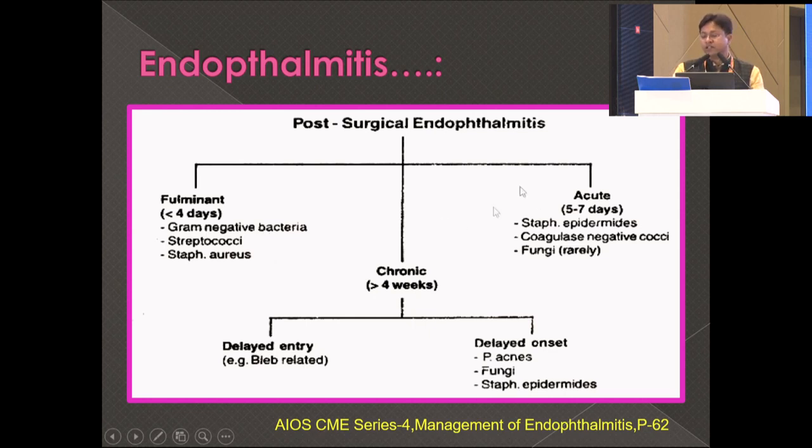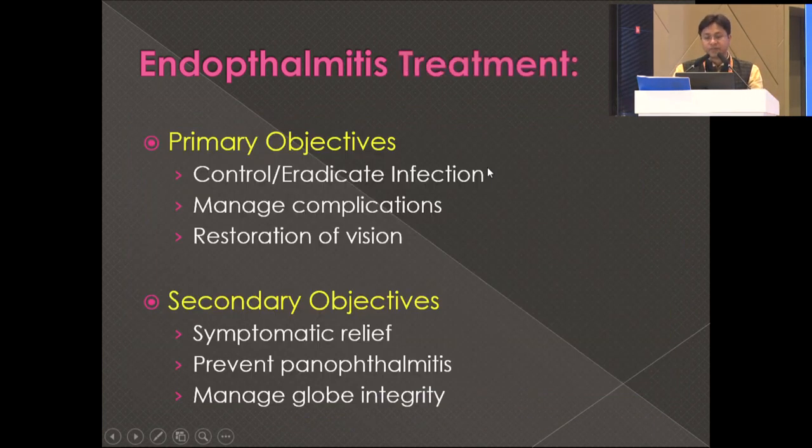Staph epidermidis or fungi are not common in acute, but are common in the delayed type, so it may occur after 4 weeks sometimes. That's why most surgeons have a protocol to follow their cases on day 1, day 7 and day 28 just for these delayed endophthalmitis.